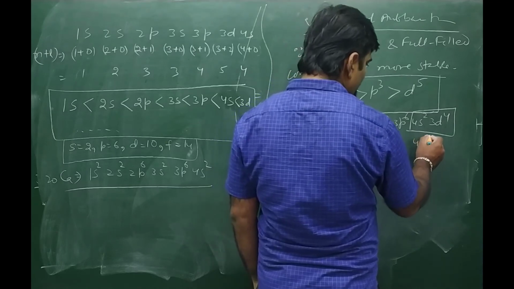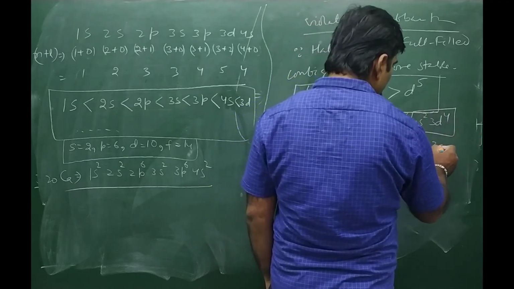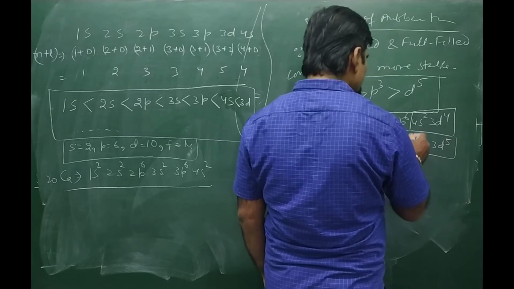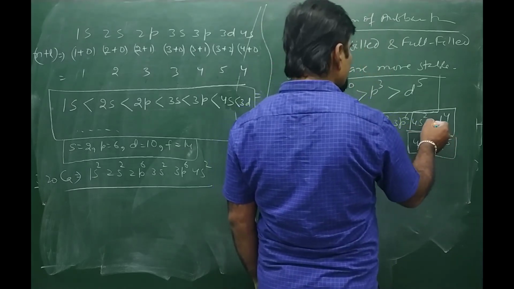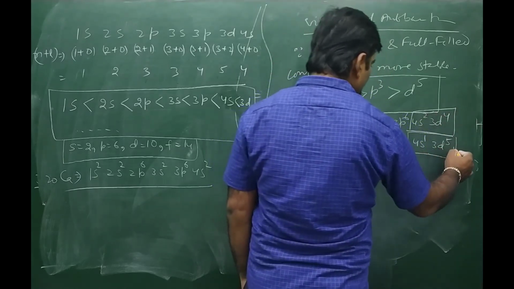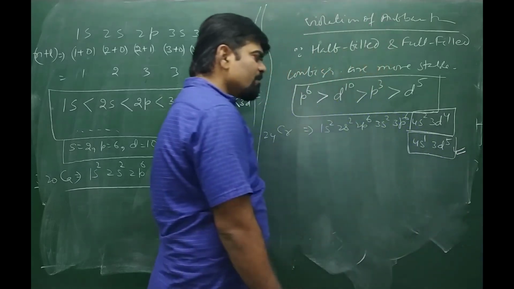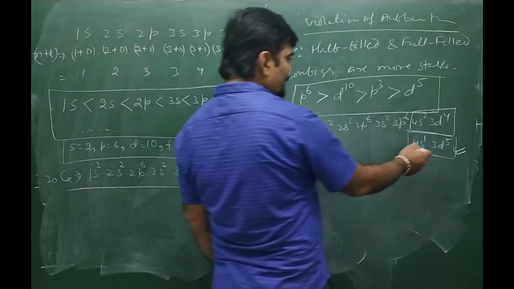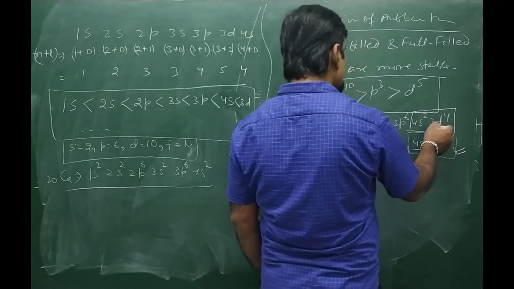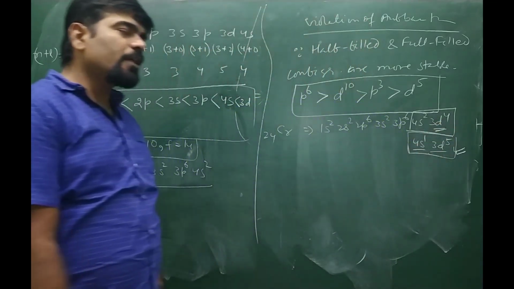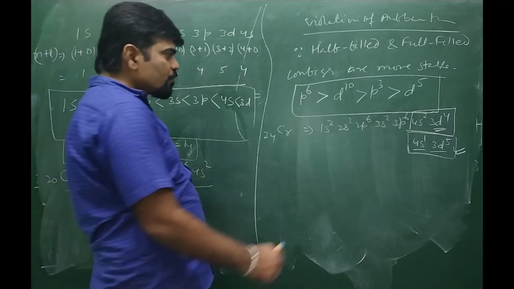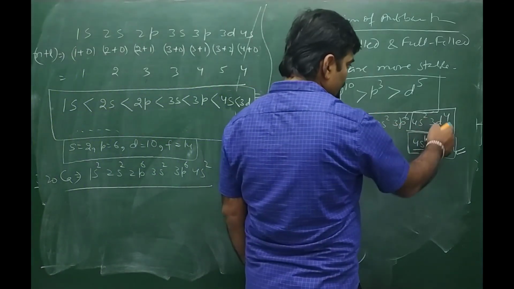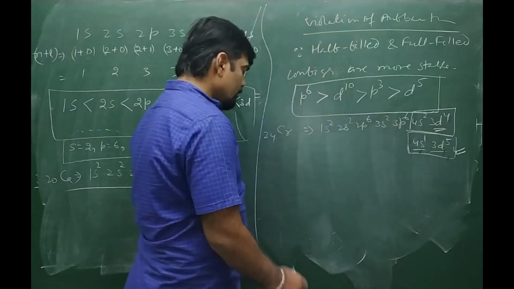To get stability, 1 electron is exchanged to d and it becomes 4s1 3d5. So instead of writing 4s2 3d4, we will write 4s1 3d5, because by this arrangement 6 unpaired electrons appear. Half-filled configurations are relatively more stable than incompletely filled orbitals, and therefore to get this stable configuration there is violation of the Aufbau rule.